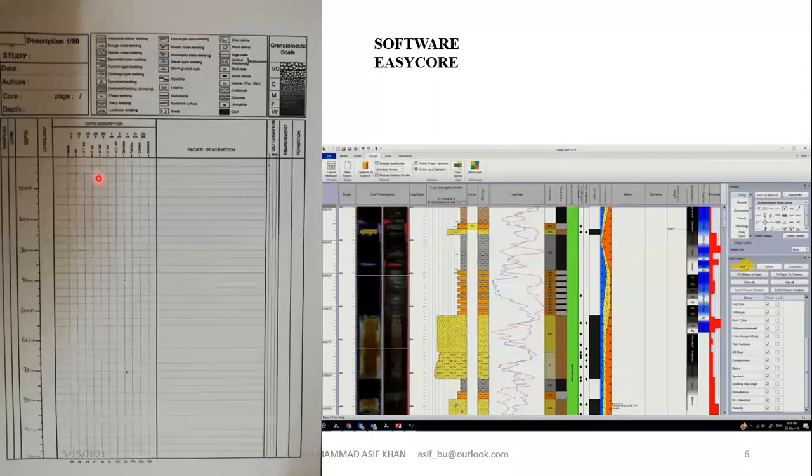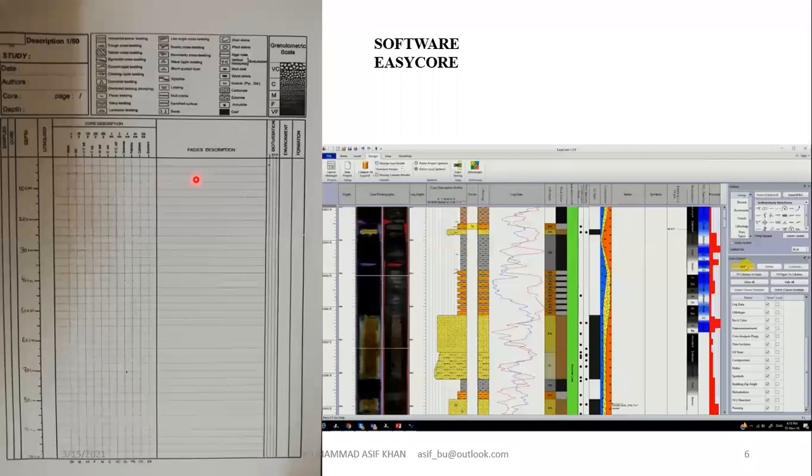As the reservoir was sandstone, I use this graph that starts from shale, sandstone, very fine grain. If it's silt or shale, then I will draw a line of 10 centimeter, meaning that the 10 centimeter part is shale.